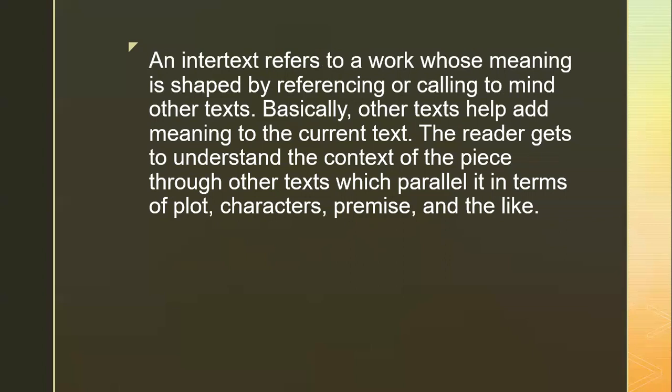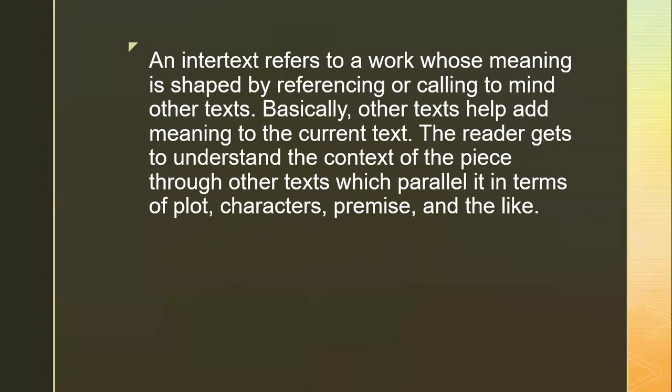So when we say intertext, you're able to understand the text that you are reading by making references to other texts, other existing body of knowledge or existing literature. So when you read something, you'll be able to understand by comparing it to other works.